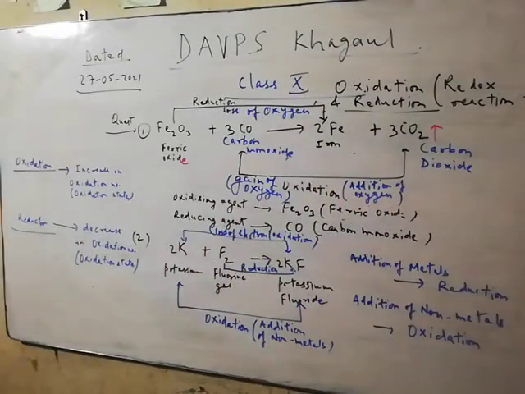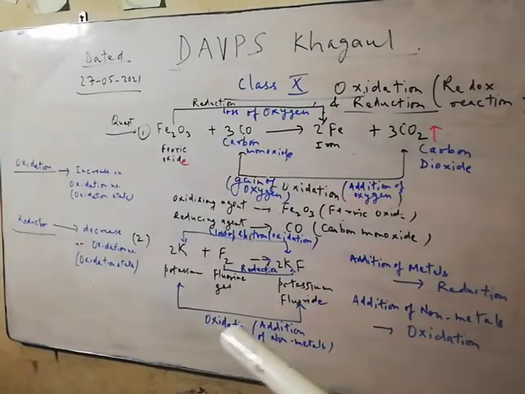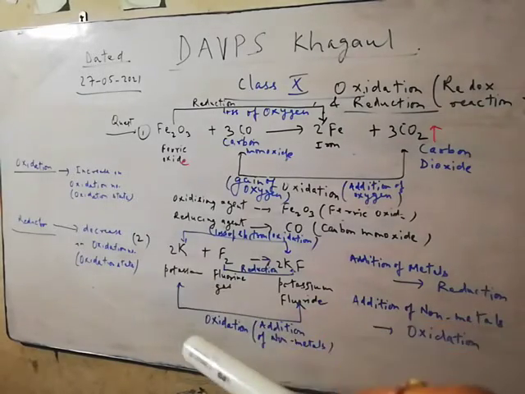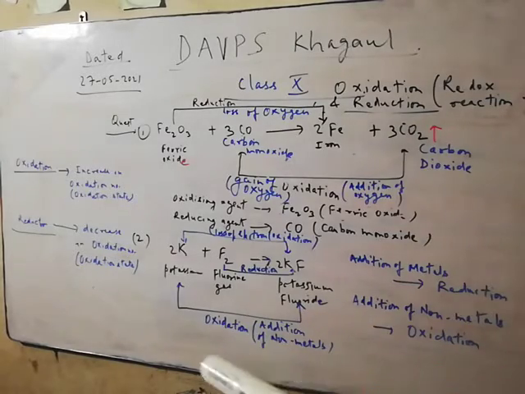This is also a definition of oxidation. So oxidation here: potassium is being added fluorine, so this is addition of a non-metal. So this is oxidation.